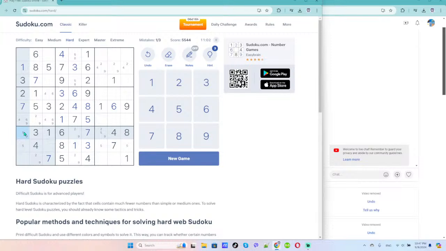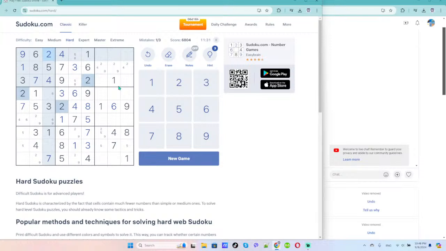Okay, now let's continue with the top rows of the Sudoku. I see a 4 here, so here goes a 4. Very easy. 2 and 9 are the missing numbers, so I put a 9 here and a 2 here, just to be sure that I put these numbers.